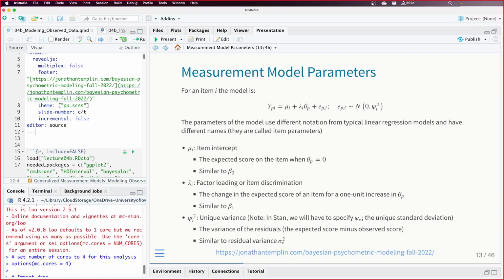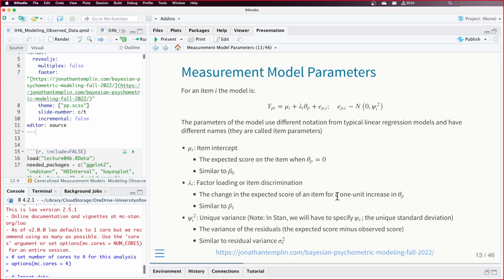And we interpret it the same way as we interpreted beta 1. There are some additional interpretations that we'll get to once we get past all the models. For instance, it's like the covariance between the outcome and the variable when you define certain things certain ways. But again, it's the expected change in y for a 1 unit increase in theta.